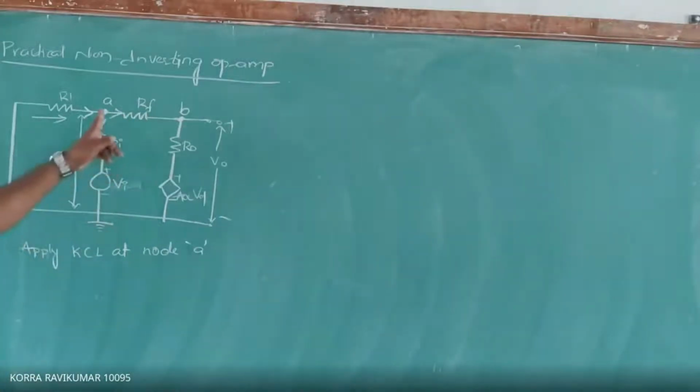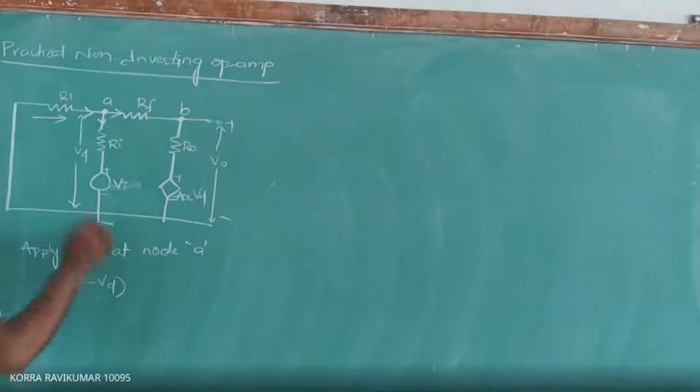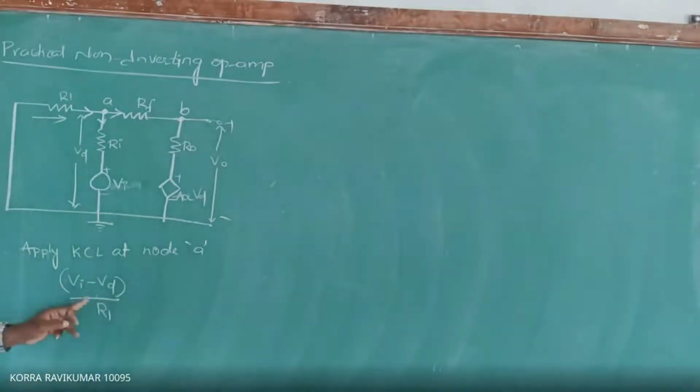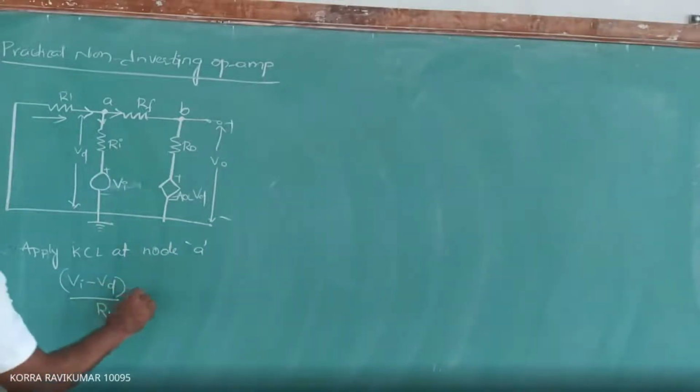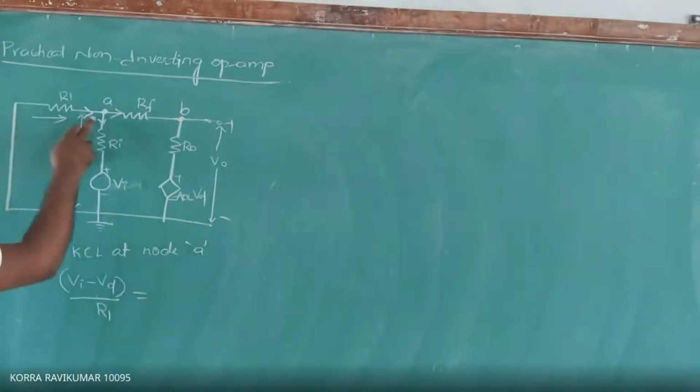If you apply the KCL rule at node A, the equation becomes (Vi minus Vd) divided by the resistance R1, since current is voltage by resistance, which equals the sum of currents leaving the node.